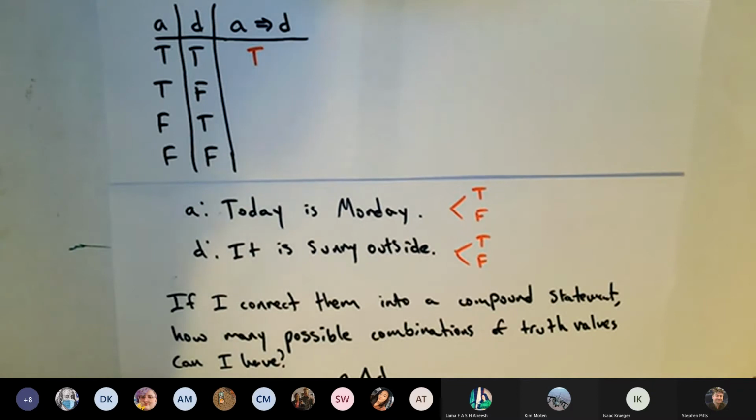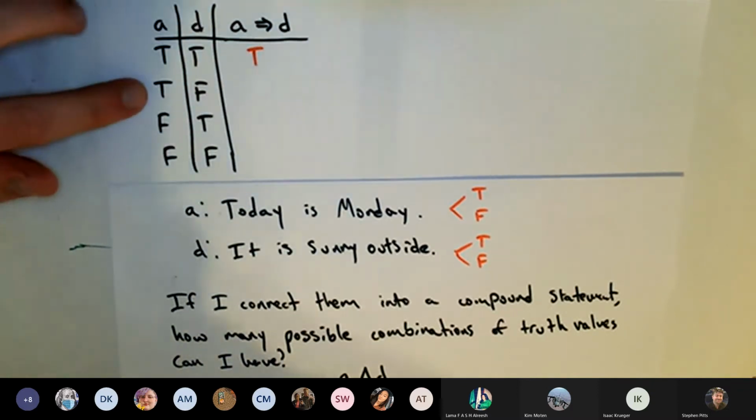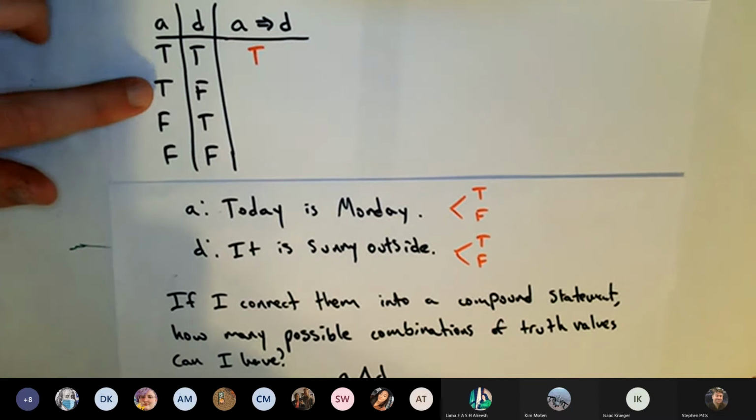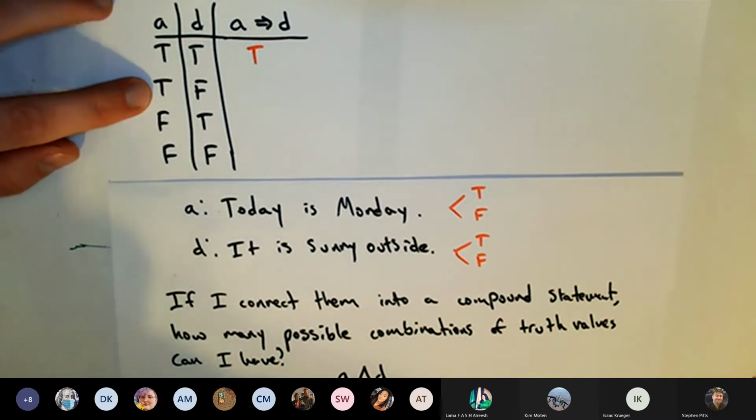Now, what if the setting is that it's Monday, so A is true, but it's not sunny outside, it's dark and dreary, and I say if it's Monday, then it's sunny outside? Then the output here would be false, right? The output would be false because I'm wrong. The first part is satisfied, it's Monday, but the second part that I said was false.